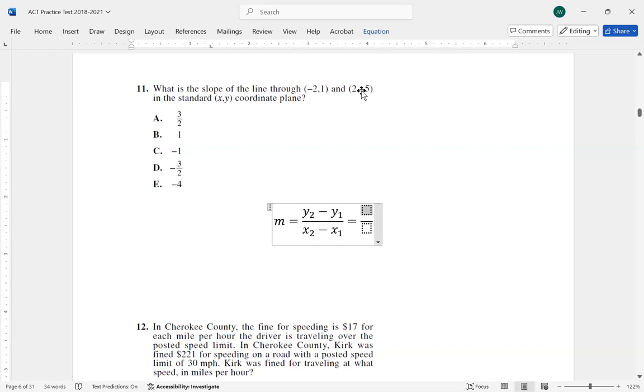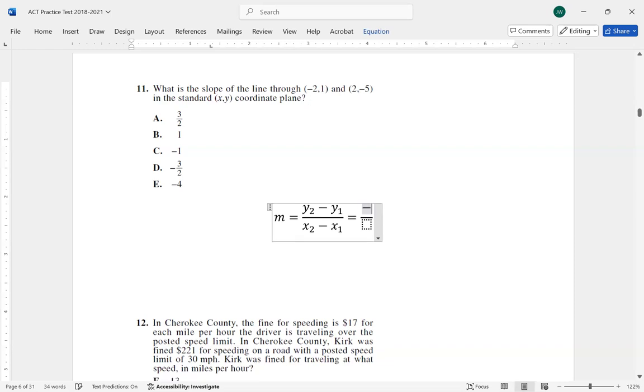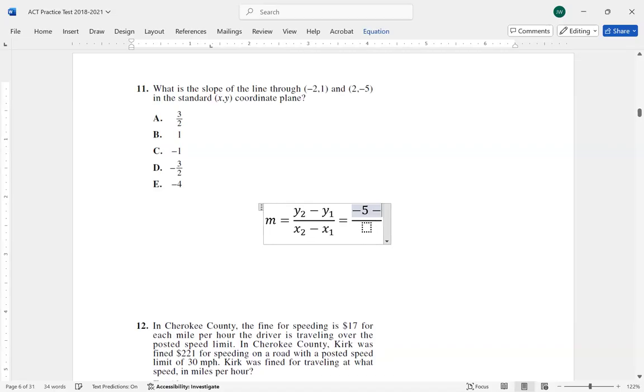The y value of the second point is a -5. So we take -5, subtract the y value of the first point, which is 1. Then in the denominator, we take the x value of the second point, which is a +2, minus the x value of the first point, which is a -2.